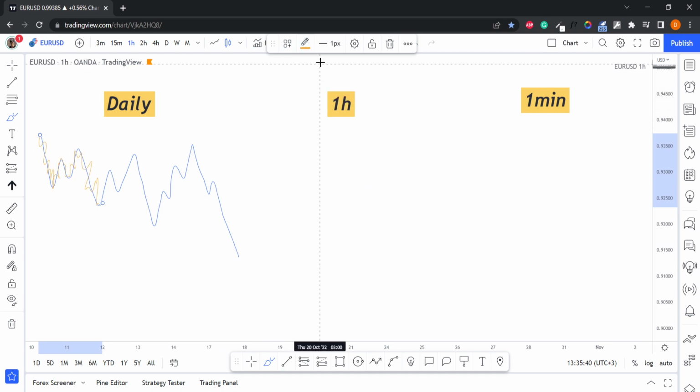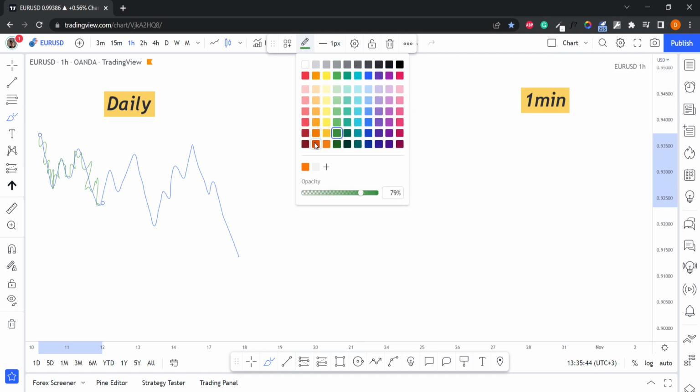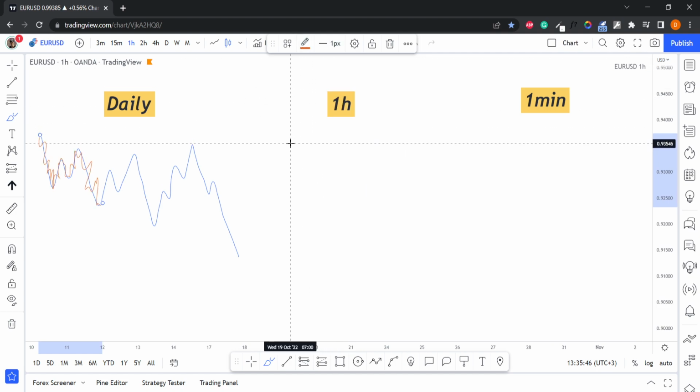Okay, so what it gives to us is the idea of independent price action on separate time frames, but also connected in a way that they still influence each other. And daily order flow, daily time frame will of course influence other time frames, lower and higher.